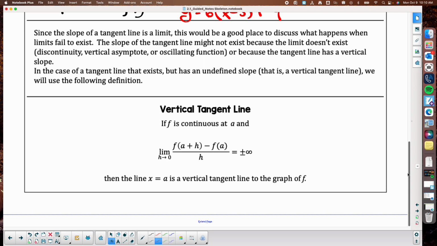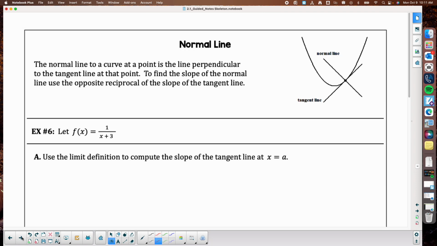You don't run into it very often, but if you do, there. In my opinion, you guys would probably know it's a vertical asymptote before you even tried to do it, because you would see that the denominator has a factor. And if you're trying to find the slope at that vertical asymptote, you just wouldn't even try to do it. So this information is correct, but I can't imagine too often you would actually even do this.